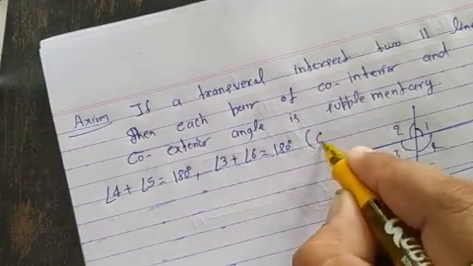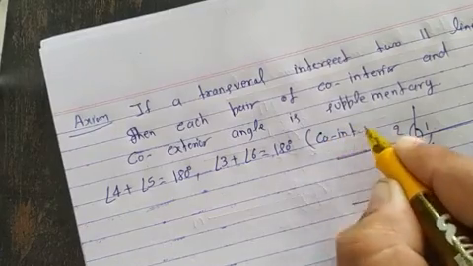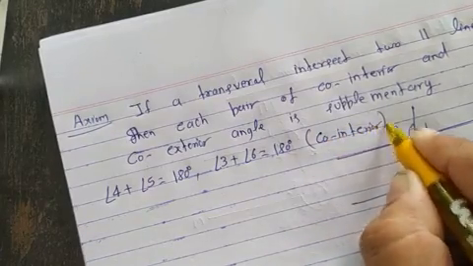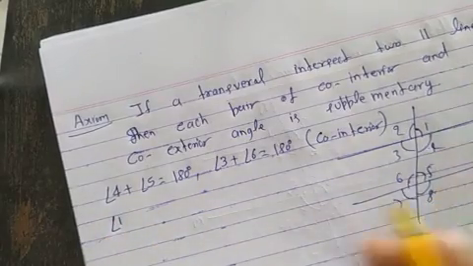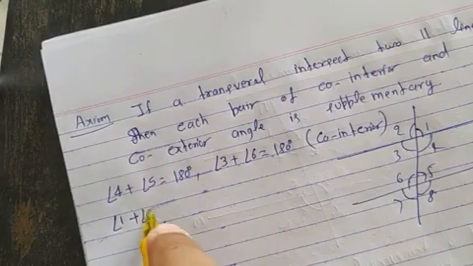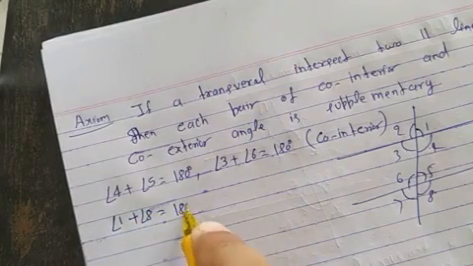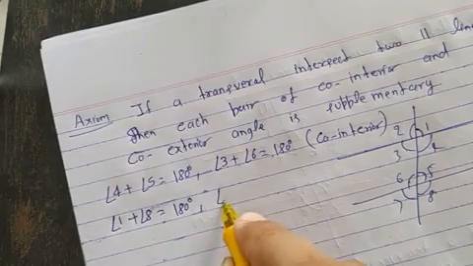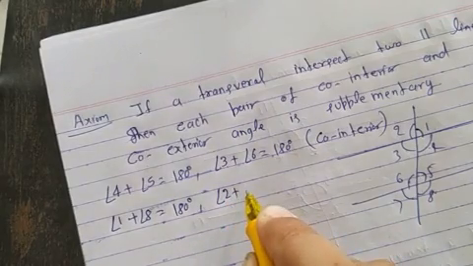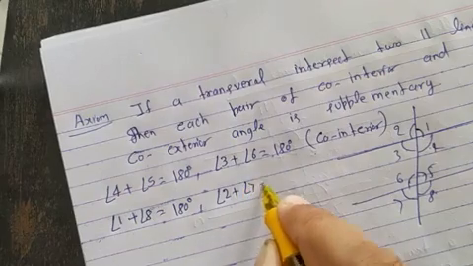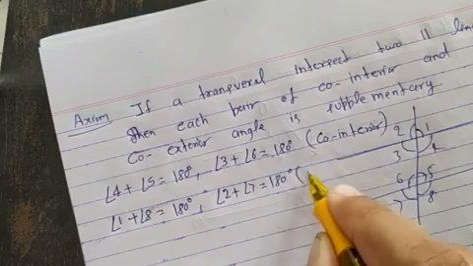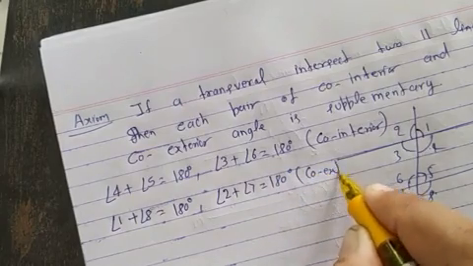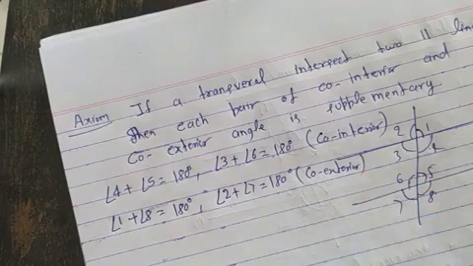These are co-interior. Now co-exterior: angle 1 plus angle 8 equals 180, and angle 2 plus angle 7 equals 180. These are co-exterior. Clear?